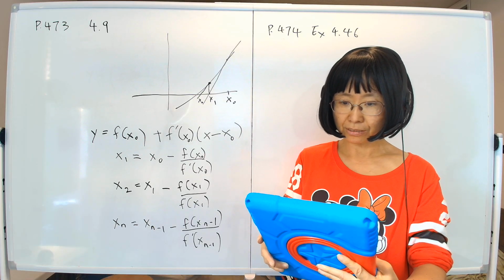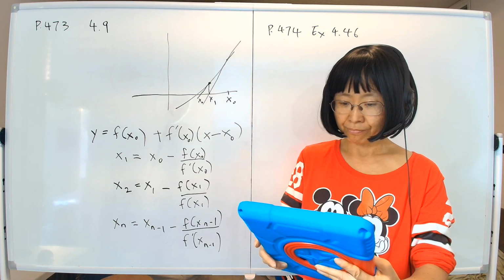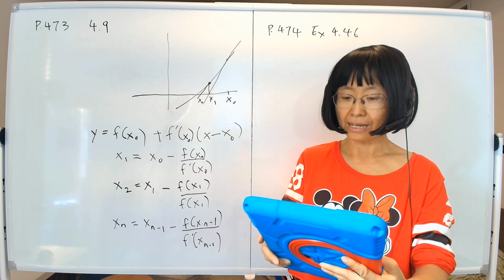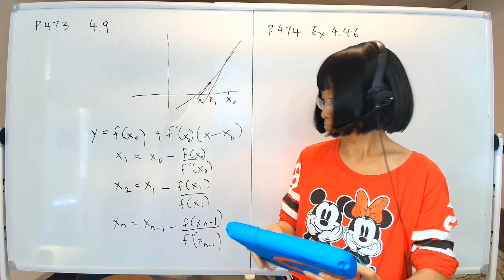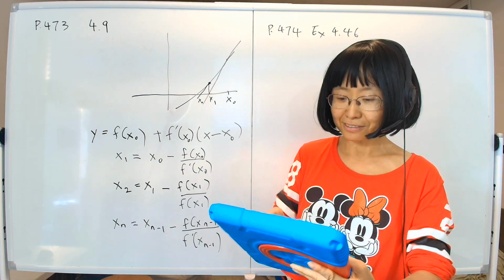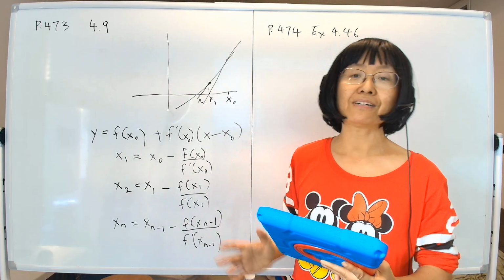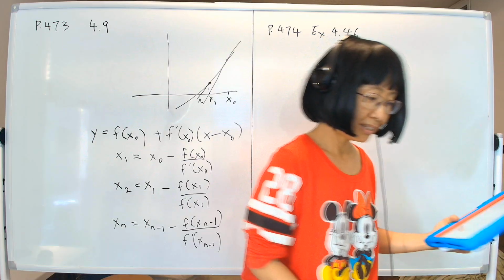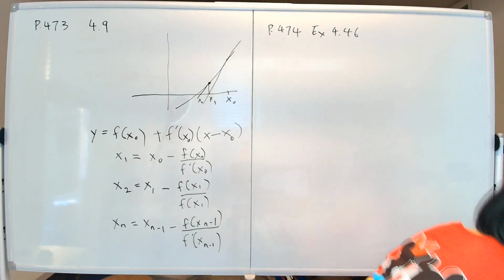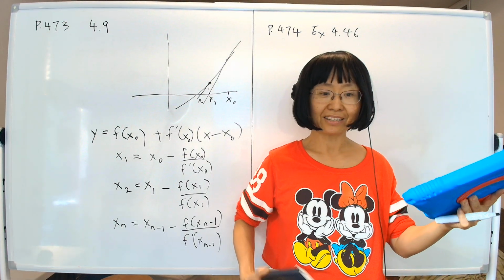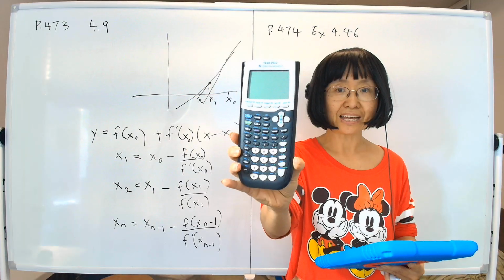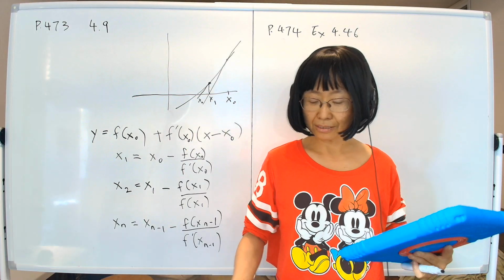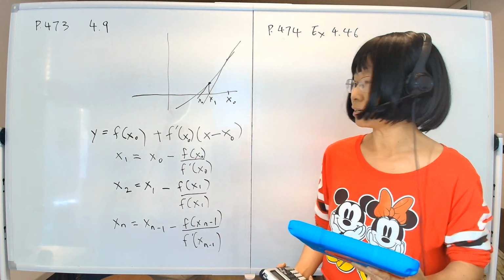See, 4.47 is about the same thing. You find the derivative, okay, and then you follow this formula and use the spreadsheet and crank it all out. Now, if you don't want to use a spreadsheet, and you have the TI-84, this thing right here, and you insist on using it, that's okay too, because the TI-84 does have a programming function.